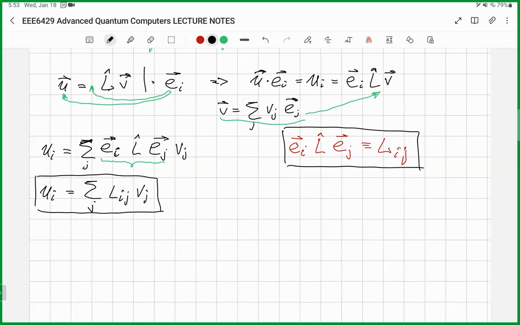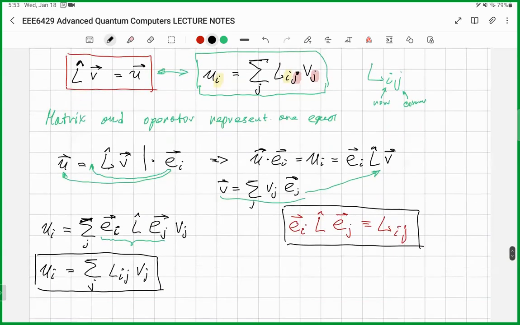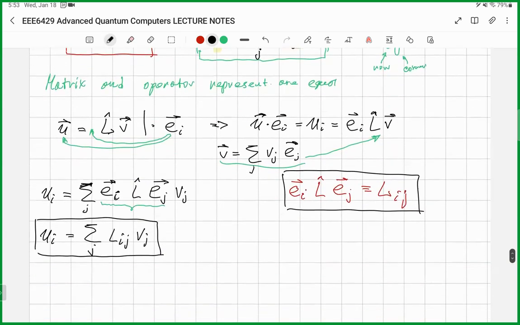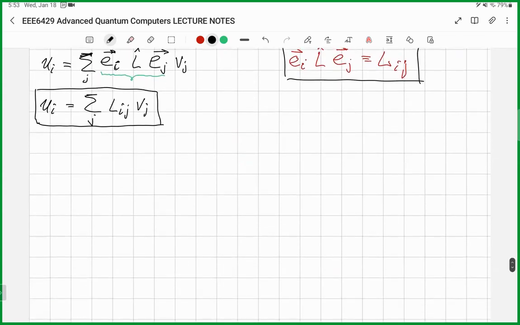This is the formula we started with. This basically means that the operator representation and the matrix representation are equivalent.